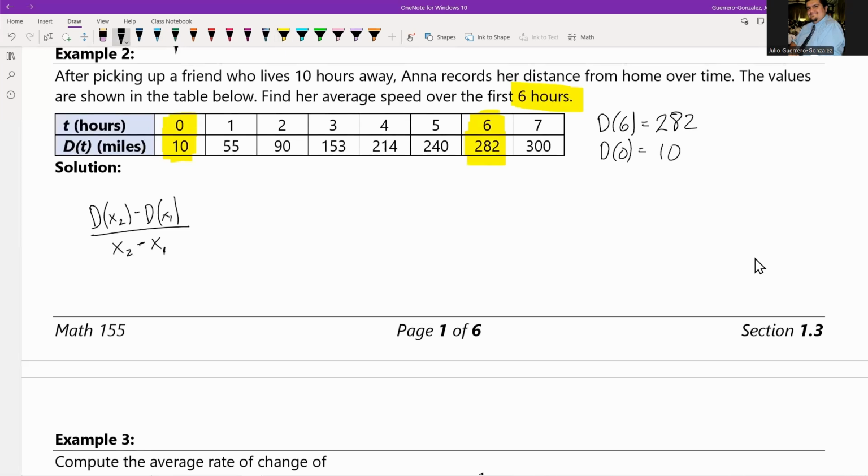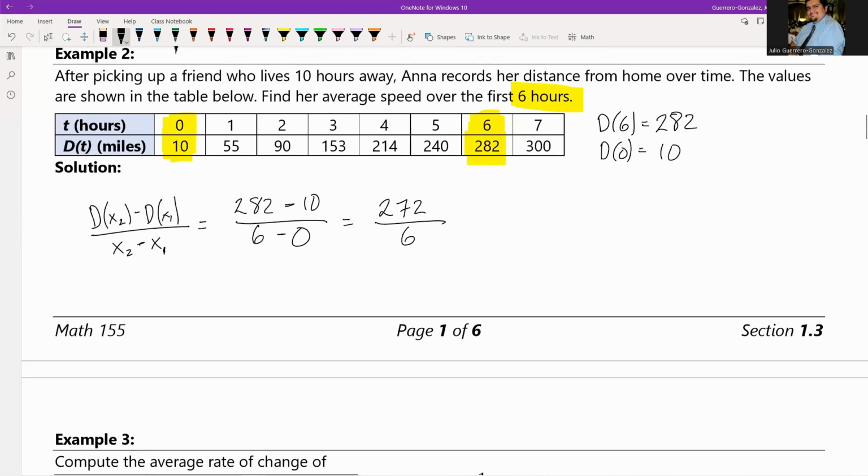So off to the races. d of 6 minus d of 0, that's 282 minus 10, all over 6 minus 0. Let me make that a more pronounced 6. There we go. 272 all over 6. That's what we have.